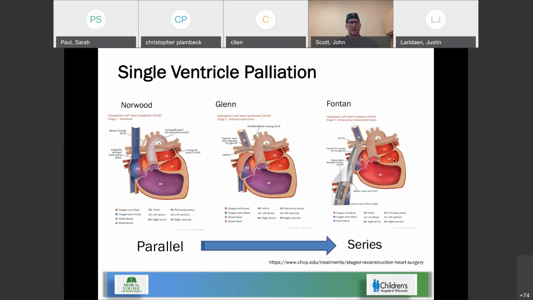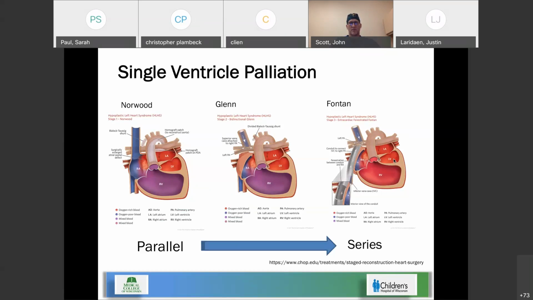And that's what this slide shows, with the classic example, hypoplastic left heart syndrome, where you have failure to develop the left-sided structures of the heart, from the mitral valve to the left ventricle, to the aortic valve, to the aortic outflow tract, and beyond.